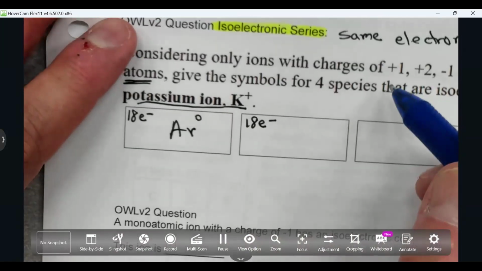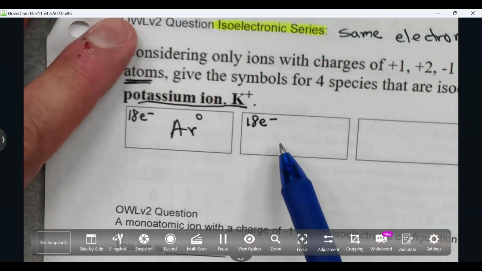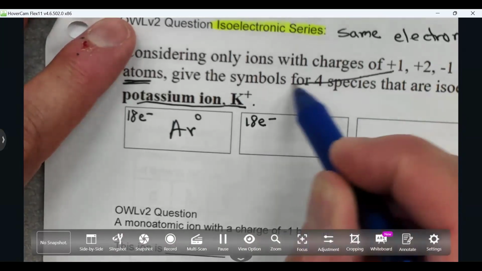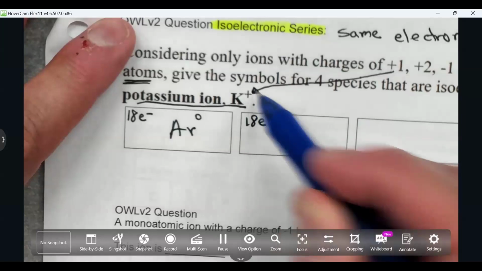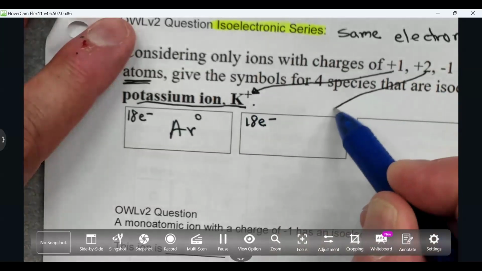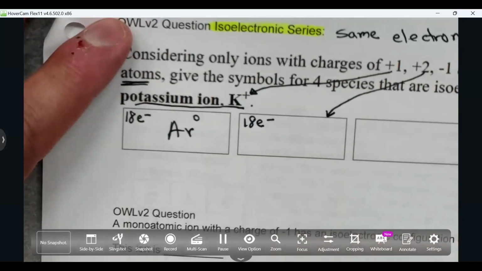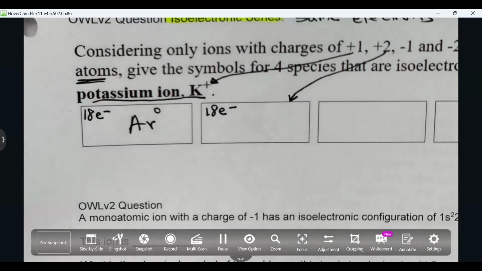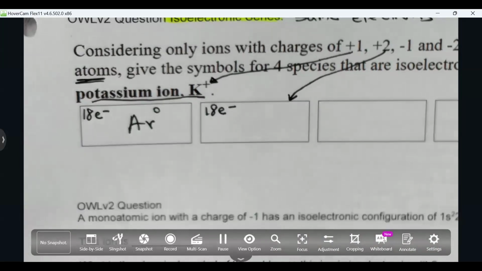Which one of these? Oh, +1 is the potassium. This is my +1 right there. What's my +2 going to be?